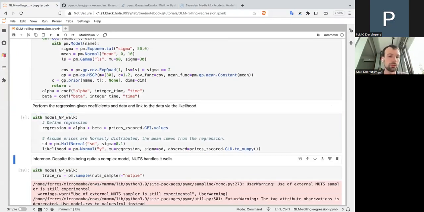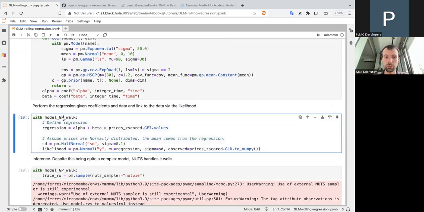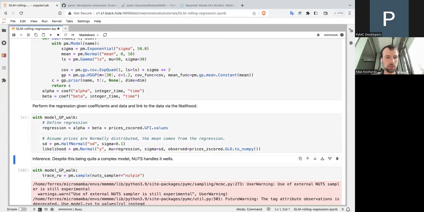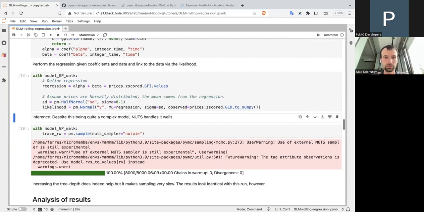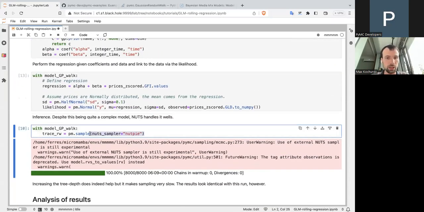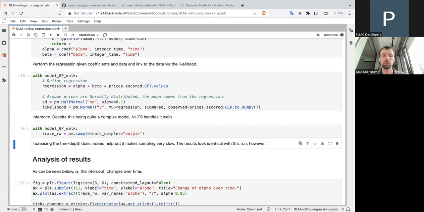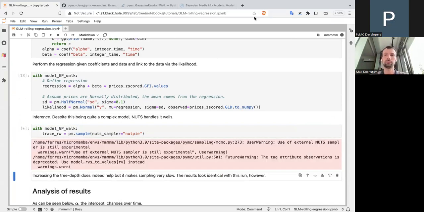And we define a Gaussian process changing coefficient linear regression. And we sample it with NumPyro. If you don't know what NumPyro is, it is an awesome library that is used together with PyMC.